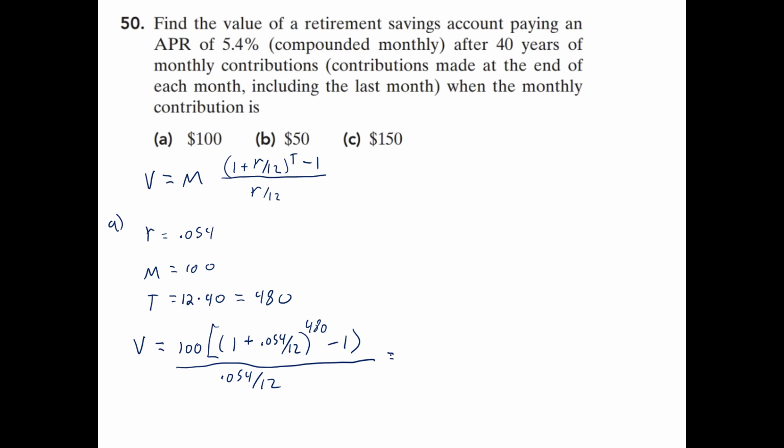And you can punch this all into the calculator at one time. So what you get is 100 times parentheses 1 plus 0.054 divided by 12, close the parentheses, raise it to the 480th power, subtract 1, close the second set of parentheses, divided by, and you want to divide by that fraction, so you hit divided by, and then parentheses, 0.054 divided by 12.